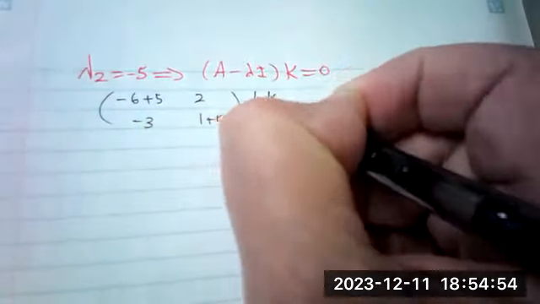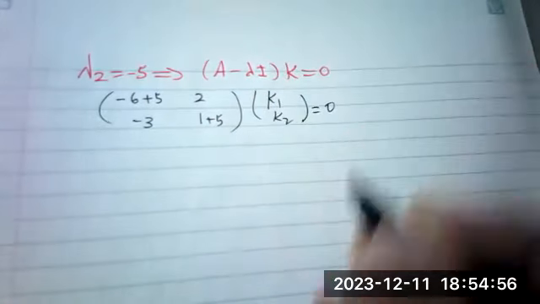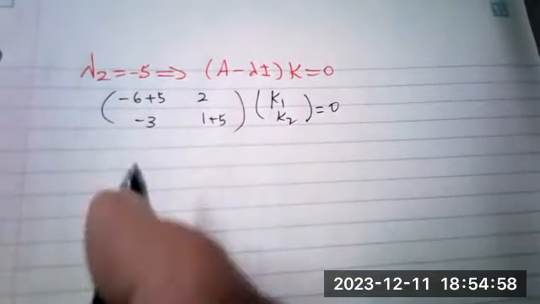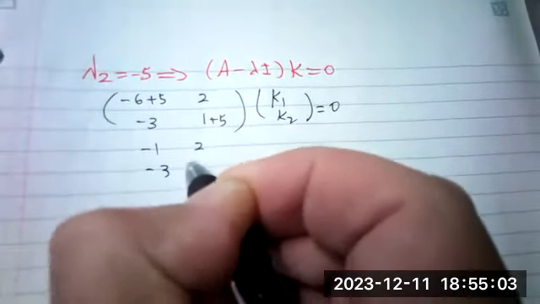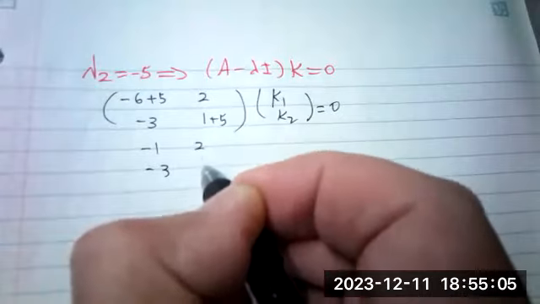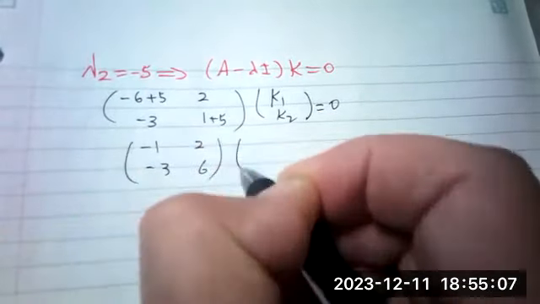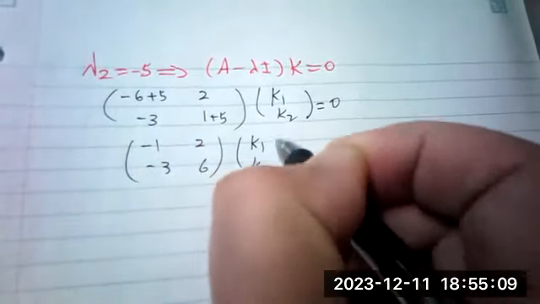This is times k1, k2 equal to 0. The second row is like multiplying the first one by 3.